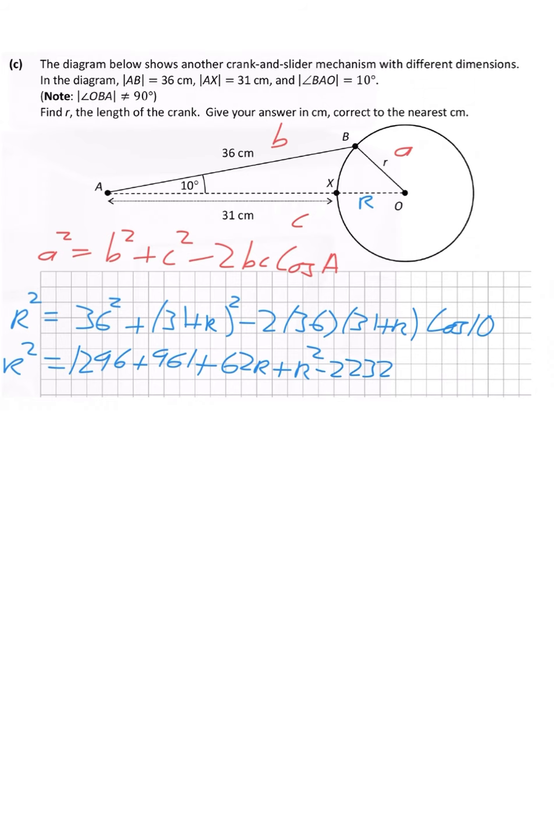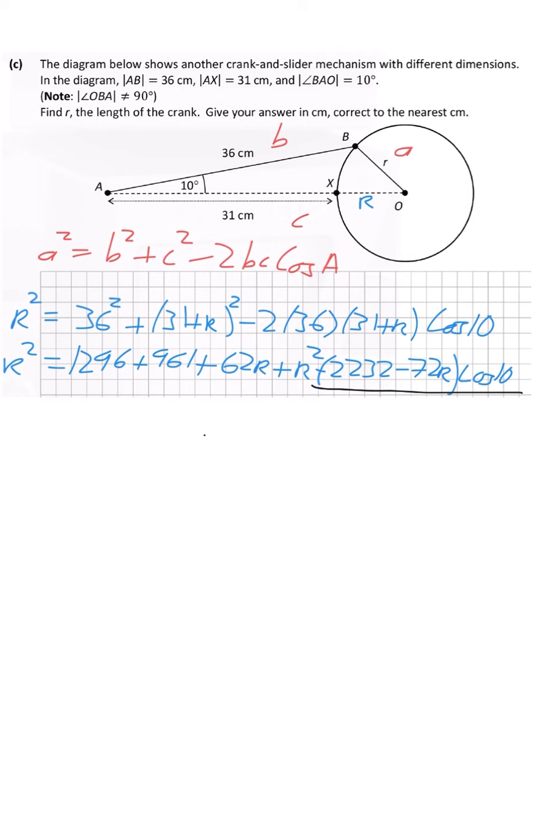Minus 72 times R is minus 72R. And all of this is times cos A, so I'm going to separate this bracket here and cos 10.